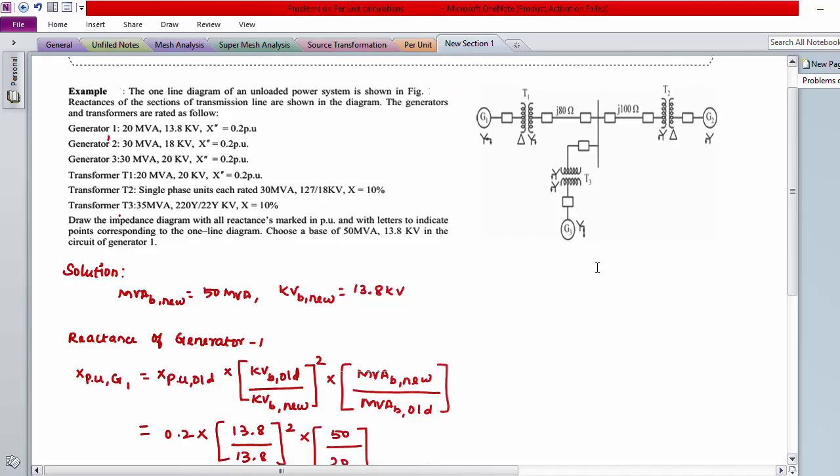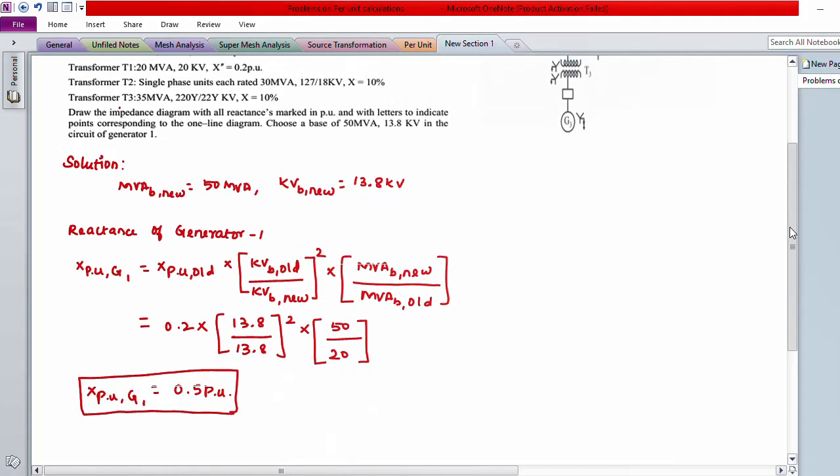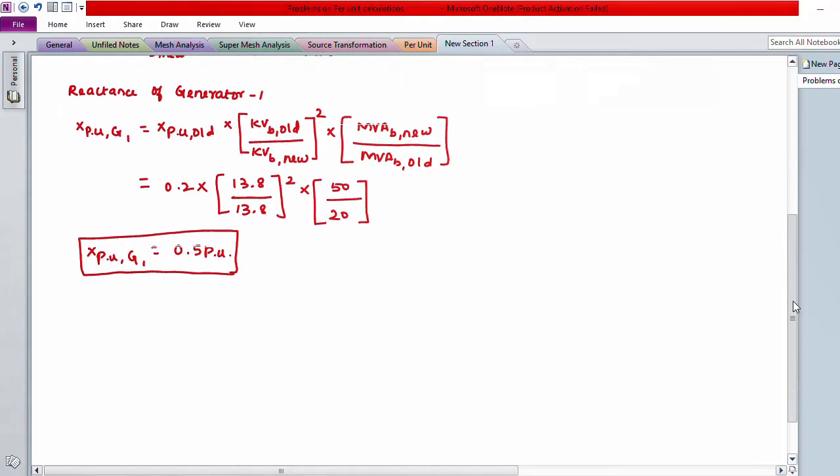Totally we have to calculate for 1, 2, 3, 4, 5, 6, 7, 8, so 8 components. Now we have completed only generator 1. Now we have to calculate for transformer 1. Transformer 1 is a 3-phase transformer, so we can take the value as it is.